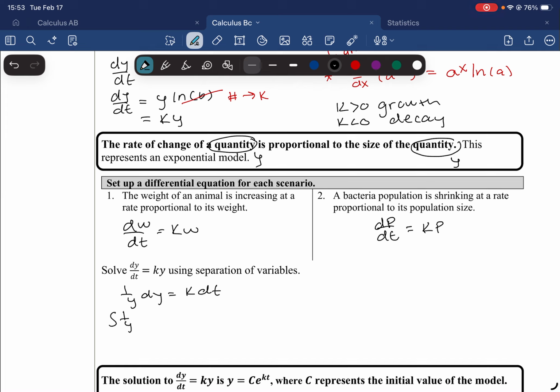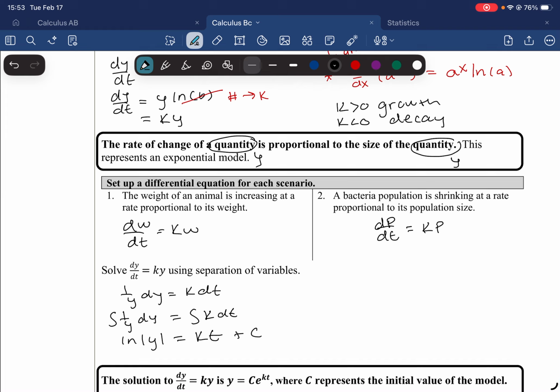Take the integral of both sides, and we get natural log of absolute value of y is equal to k times t plus some combined c. Remember before we said one side would give us plus c1, the other side would give us plus c2. We combine them all on one side, we have a combined c value.